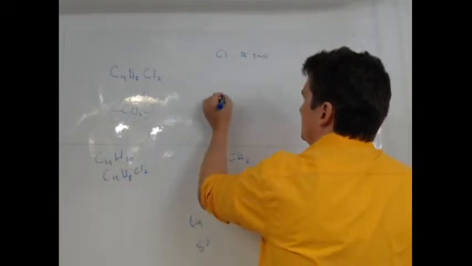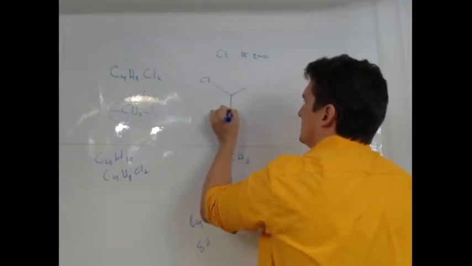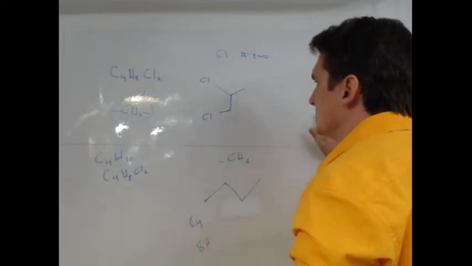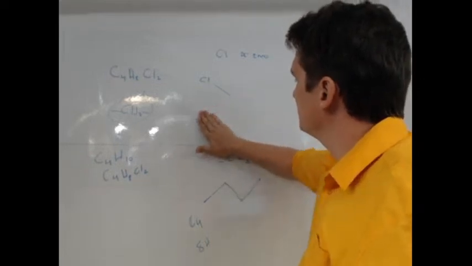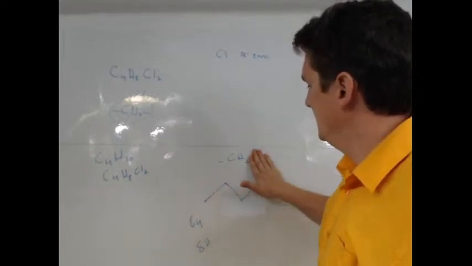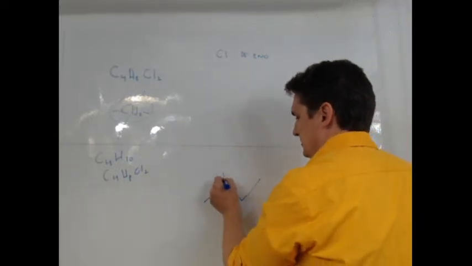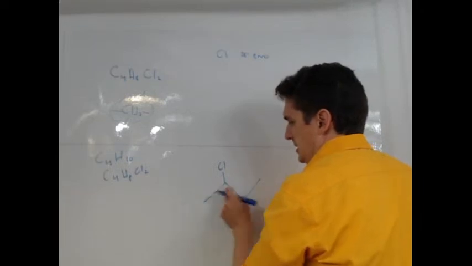And let's assume, well, we're looking for terminal carbons. So this one's easy down here where the chlorines are in the center. Because if we do this, we have a CH, a CH, CH3, CH3.